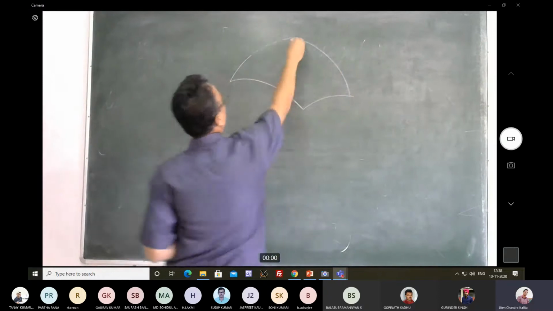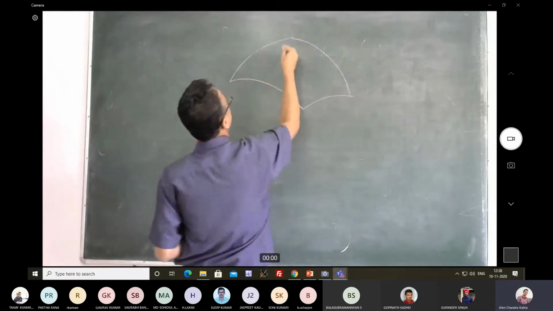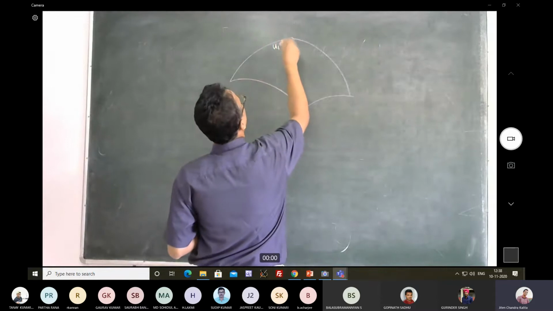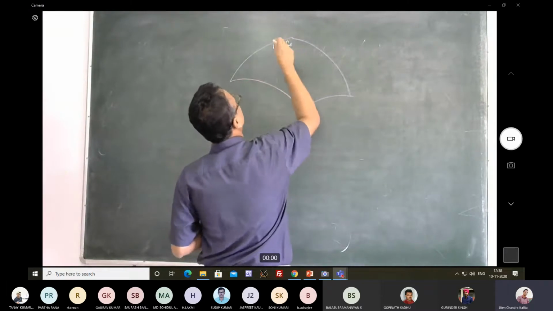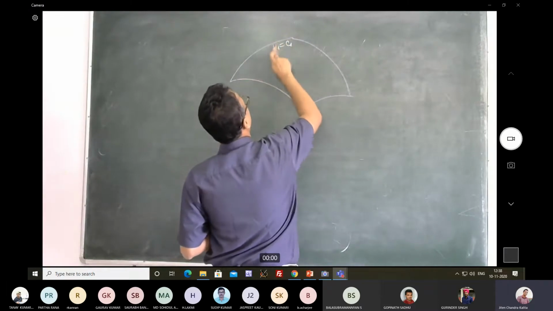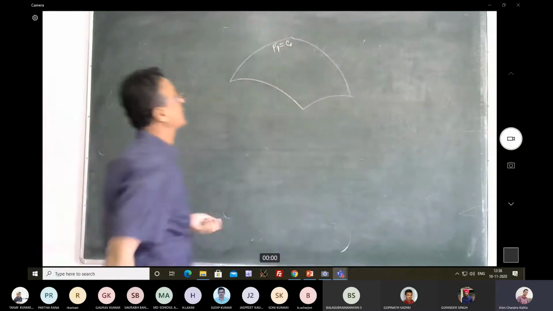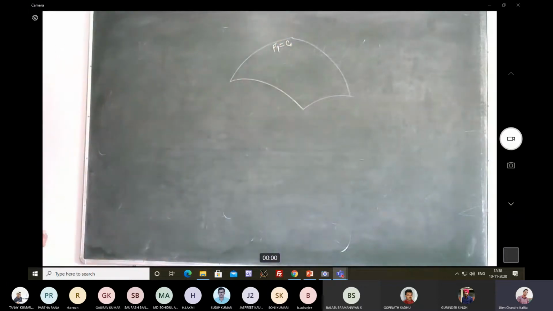Suppose this is the surface F1 equal to C1, so basically F1 of x, y, z.